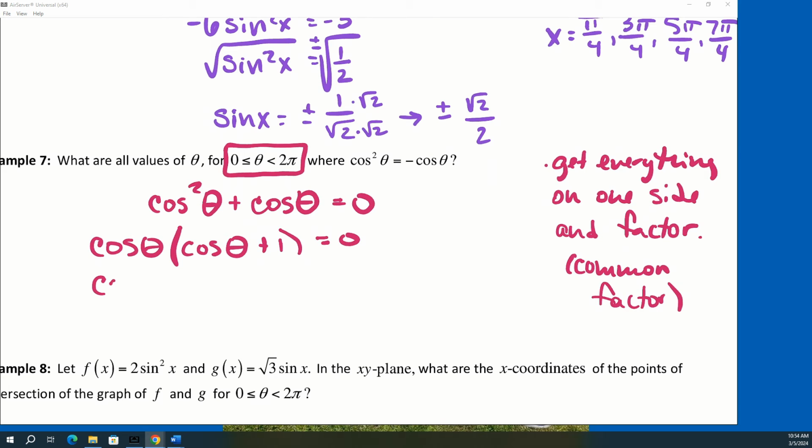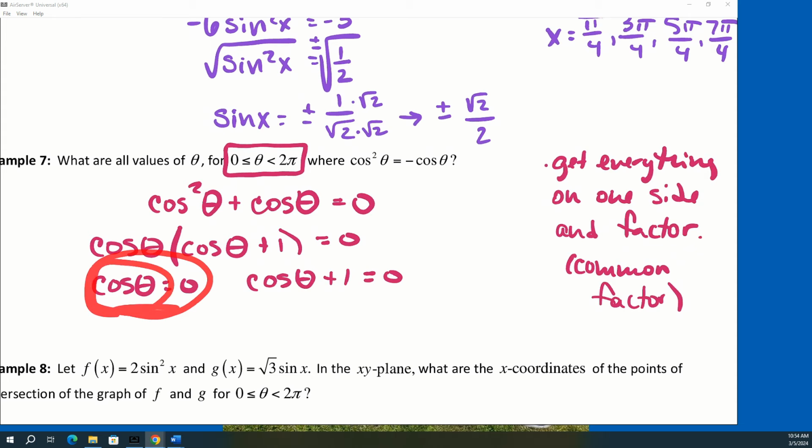And so we'll set each of these equal to 0, and we get 2 less complicated equations to solve. So this first one on the left, the cosine is already isolated. So we're going to look at the unit circle for all the angles whose x-coordinate is 0, and that's going to be pi over 2 and 3 pi over 2.